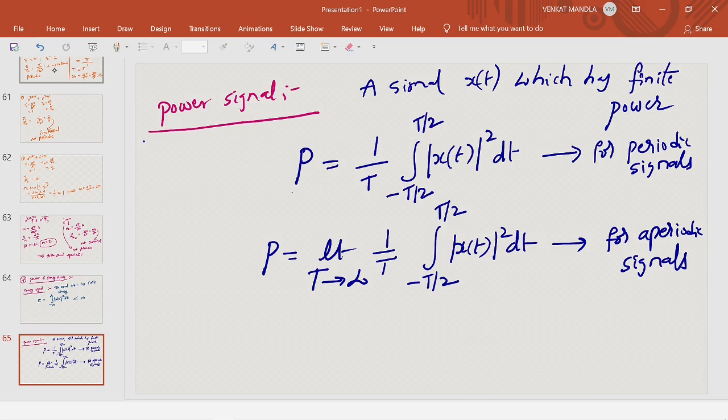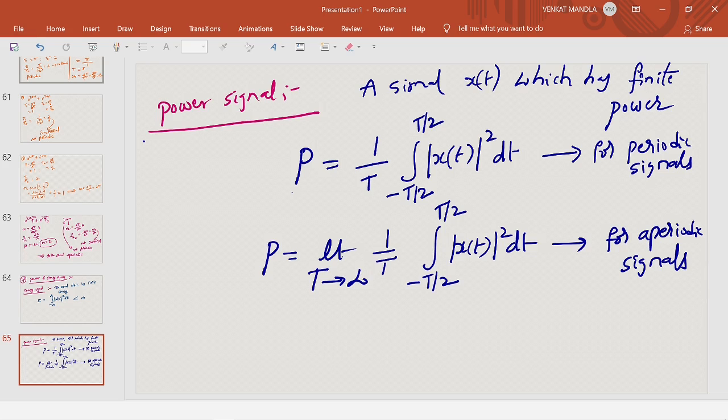It is repeating, so if you calculate for one period, then you will get the same for the entire signal. Similarly, an aperiodic signal is not repeating, so that's why here the limit T tends to infinity.